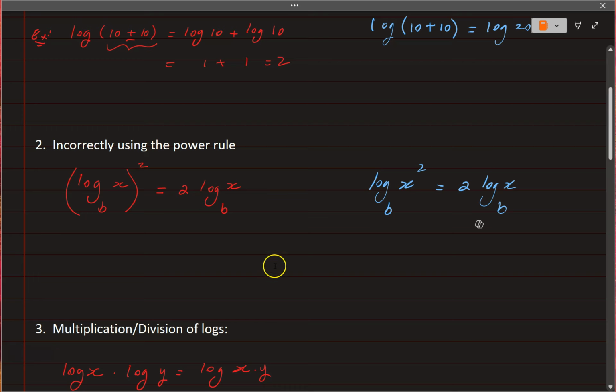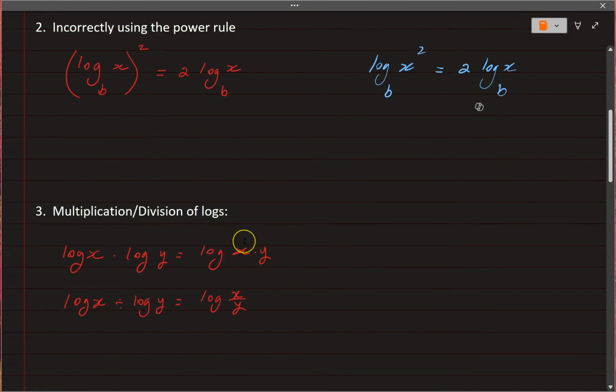But if you have brackets around log of x base b and then raised to some power or exponent, you cannot bring that to the front. That's an illegal operation. That's not a law. You need to leave that be. If this shows up like that, you treat that as a quadratic log term. So make sure you don't mix them up.